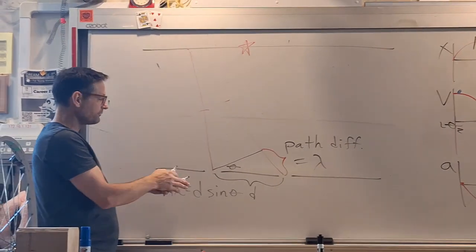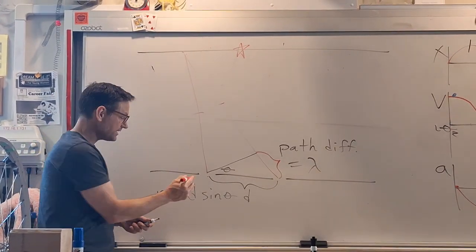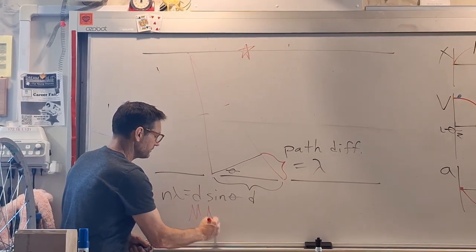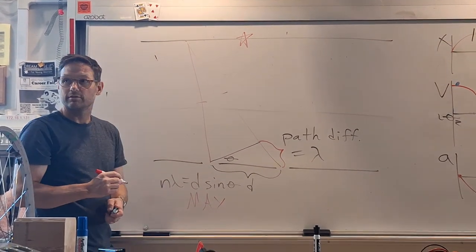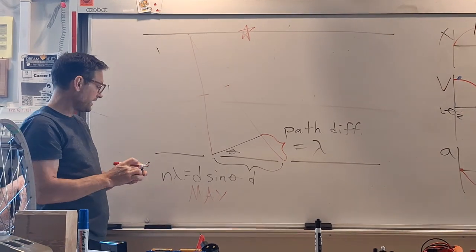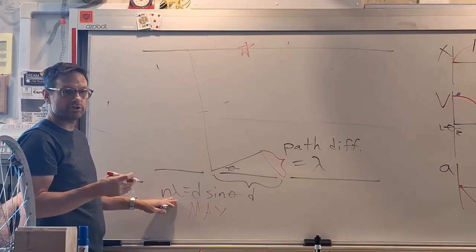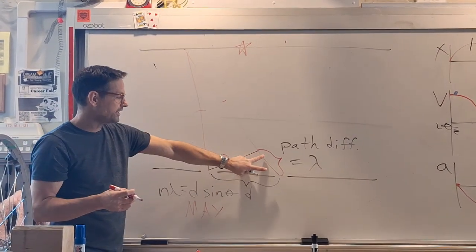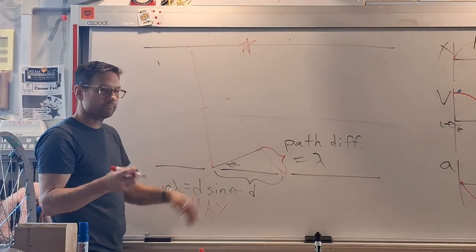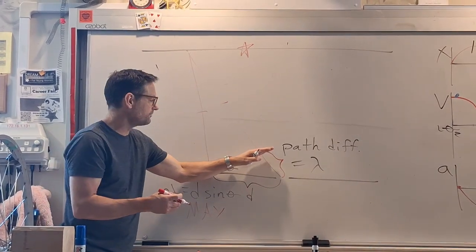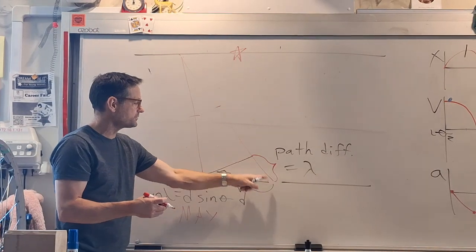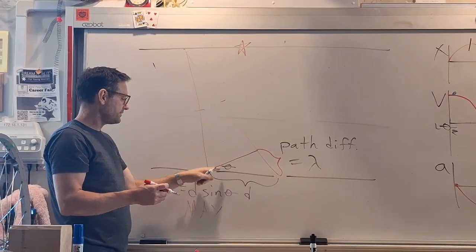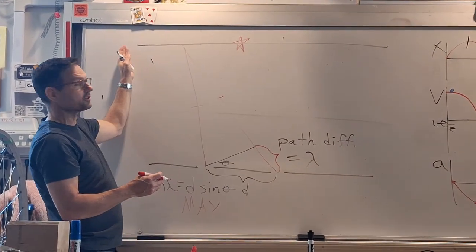Okay, so with two slits, this makes a maximum, right? What is the n? n is just integers: 1, 2, 3, 4. So if it's 1 wavelength, it's going to be d sine theta. And if you move this over and this becomes 2 lambda, then d sine theta of this will give you your second maximum.